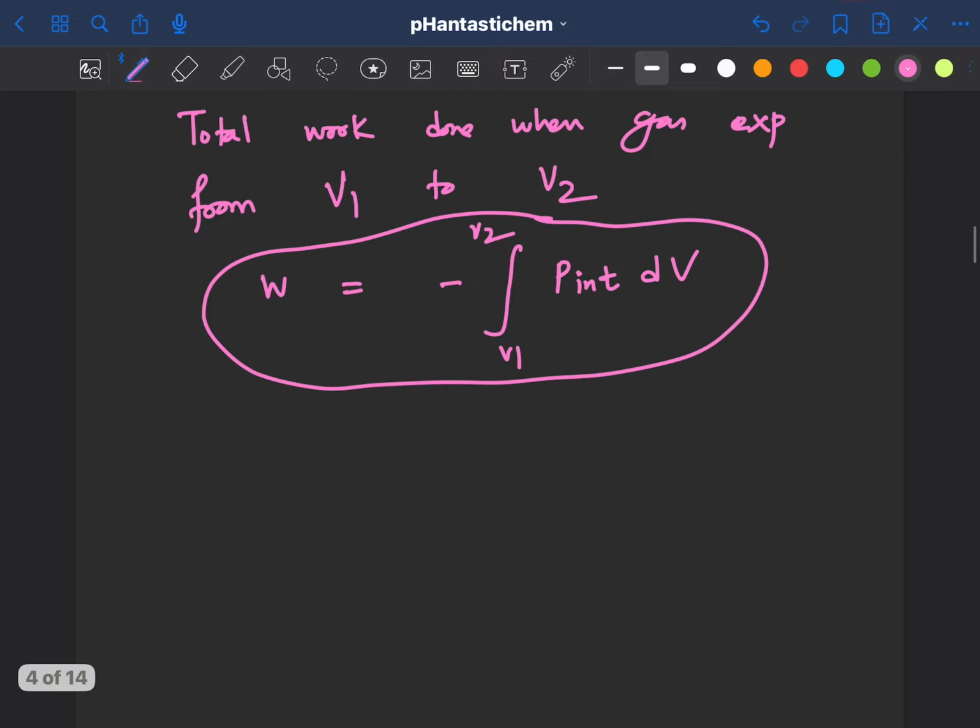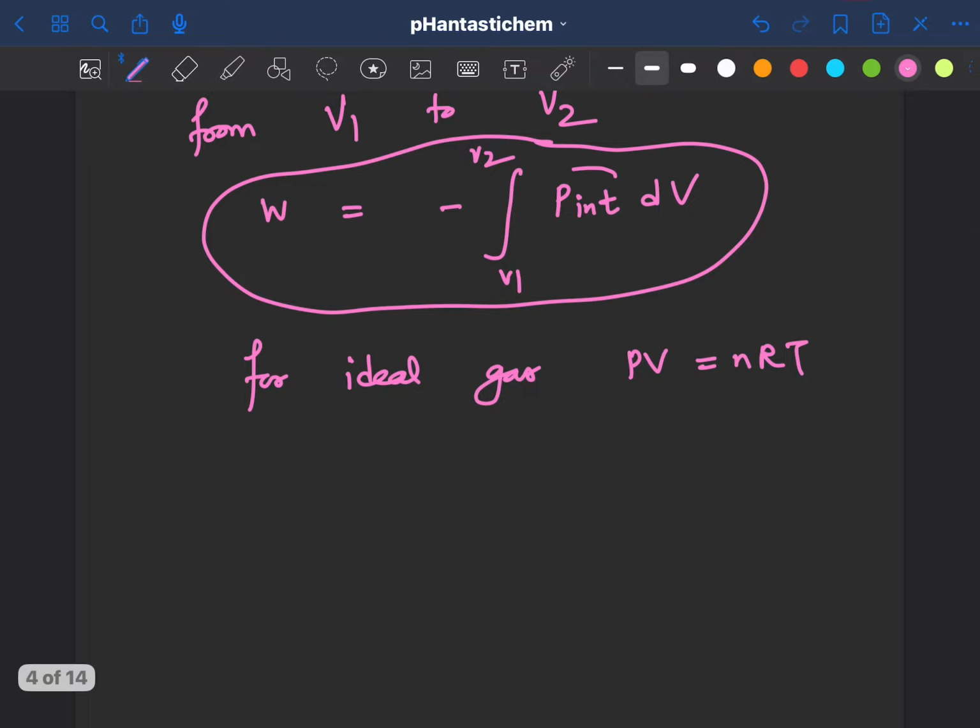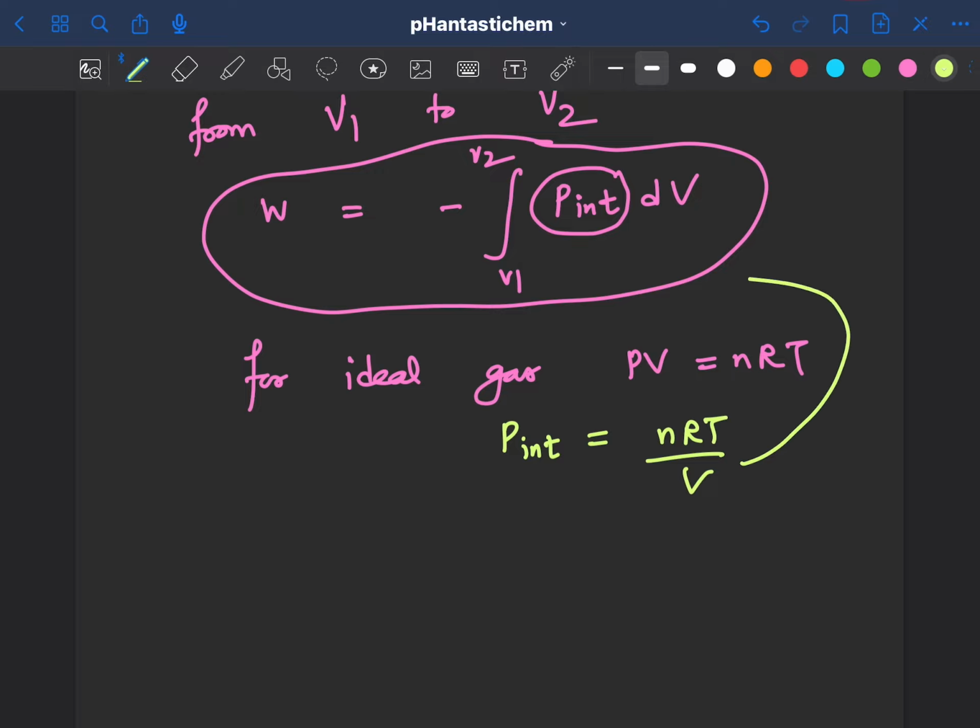Now we know that for an ideal gas, since it is given to us, PV is equal to nRT, right? So this P internal is nothing but the pressure of the ideal gas. So I can write P internal is equal to nRT by V, and I can substitute this here.